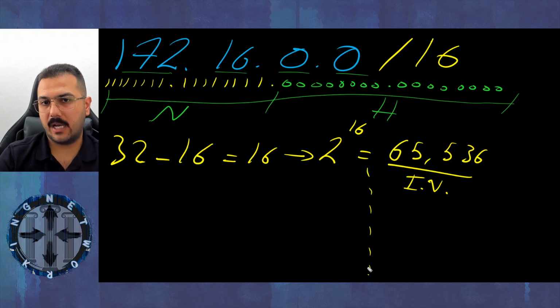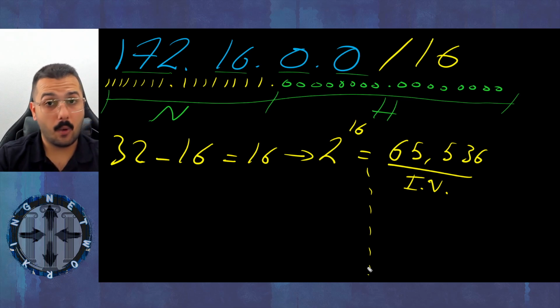When the increment value is bigger than or equals 256, we divide by 256 once, twice, thrice, until we reach a number in the calculator that is smaller than 256. Why?